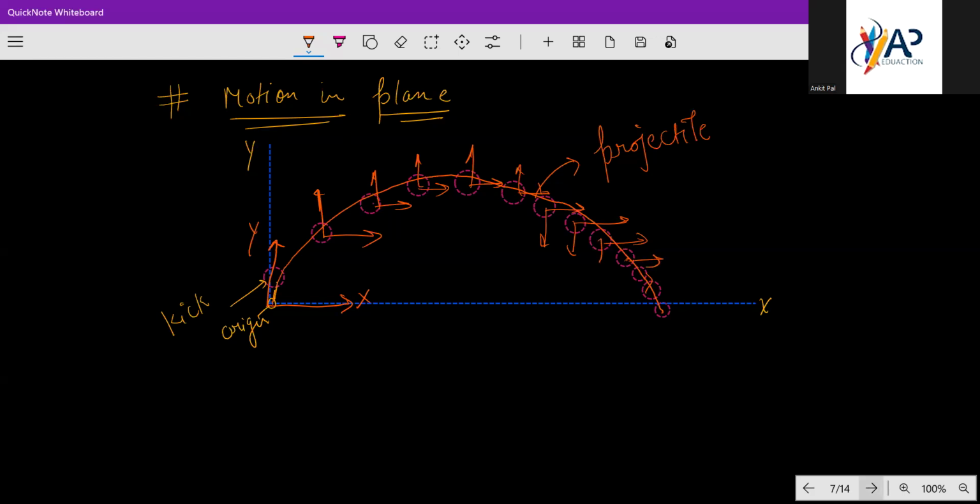Even we can say that the wall is moving like this, like this motion.